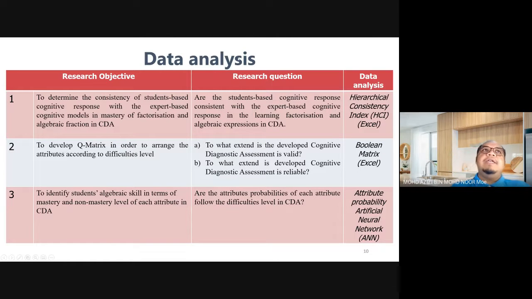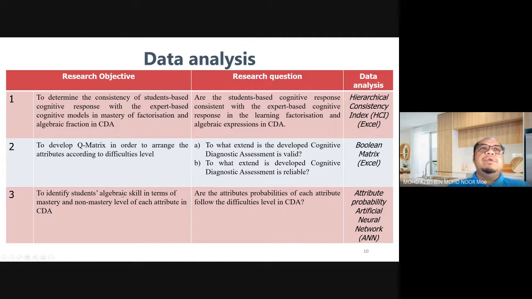For the data analysis, the first research objective, to determine the consistency between the cognitive model of student responses and the expert-based model, uses the hierarchical consistency index, HCI. Number 2, to develop the Q matrix, we use the Boolean matrix according to the arrangement using the permutation and combination formula.